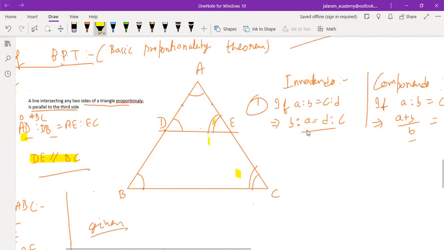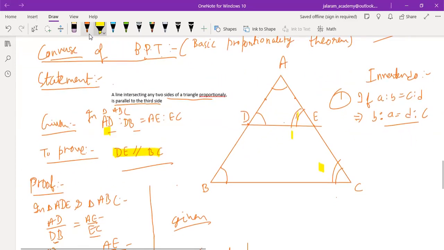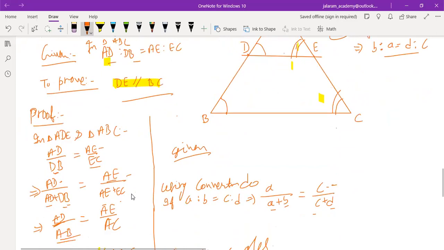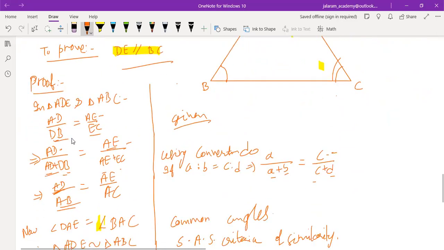This property is called componendo. So if we use it on AD is to DB equals AE is to EC, it gives AD upon AD plus DB equals AE upon AE plus EC.